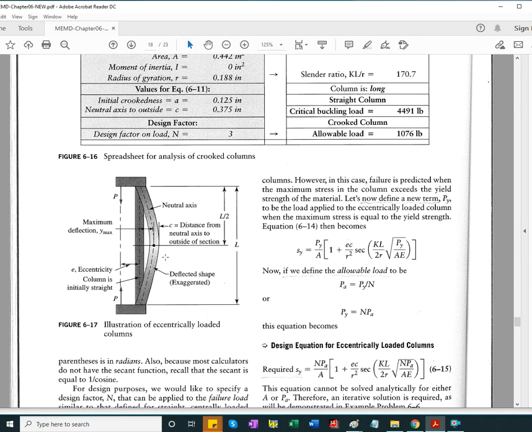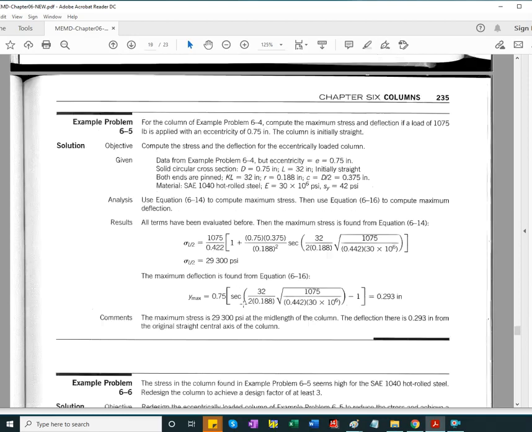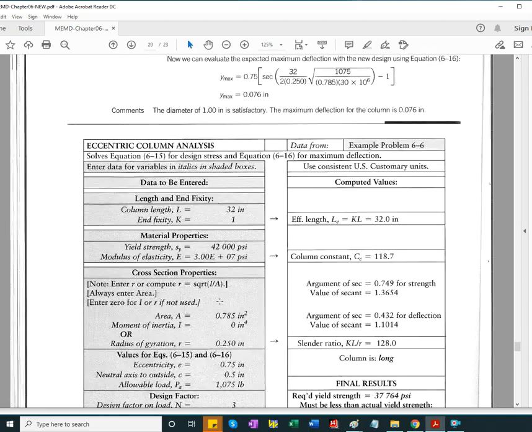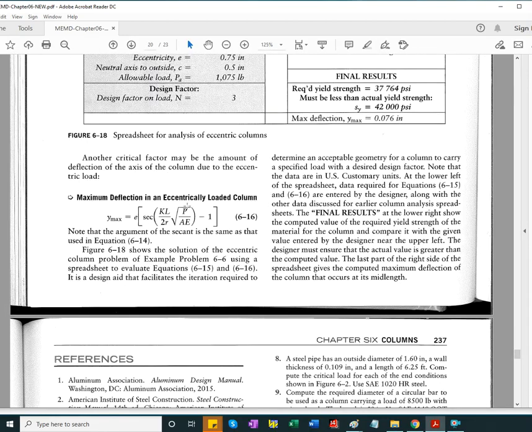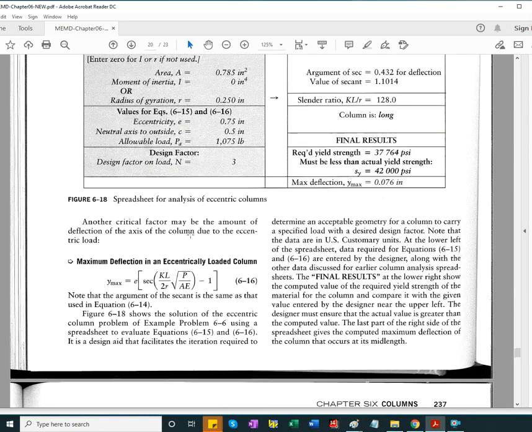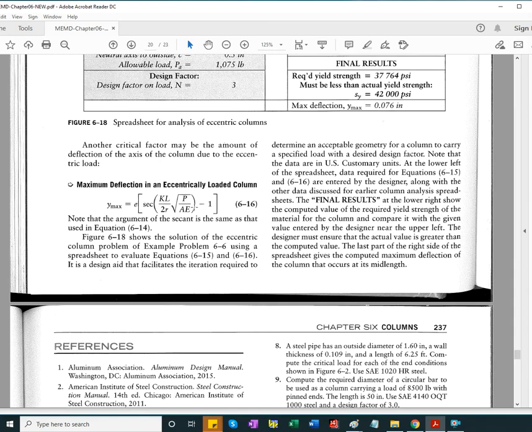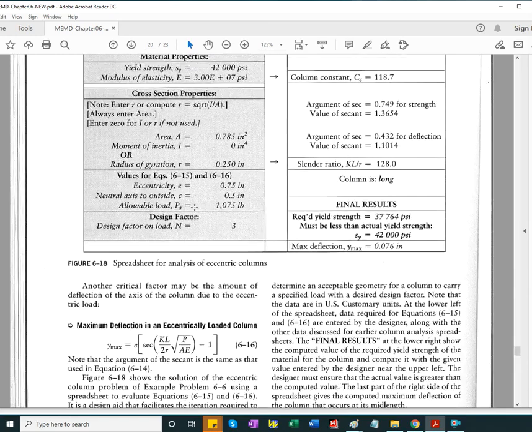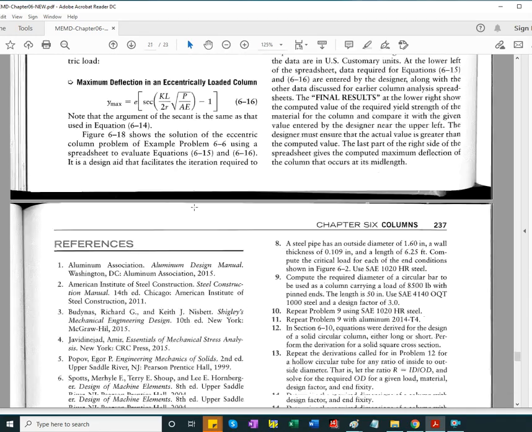I'm sorry, I take that back, the maximum deflection. So from the undeflected, straight column to the buckled column, we measure from the neutral axis, and it gets you the maximum deflection, y max. And there's that equation that allows you to calculate it. Maybe this is also relevant in terms of appearance, aesthetics, or interference with side components and so forth.